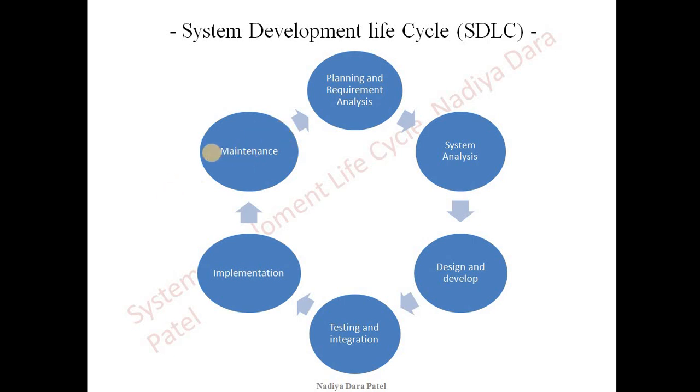After the system maintenance phase, there is again an arrow going into the planning and requirement analysis phase. Why is this? We will discuss it when we go through the maintenance phase.